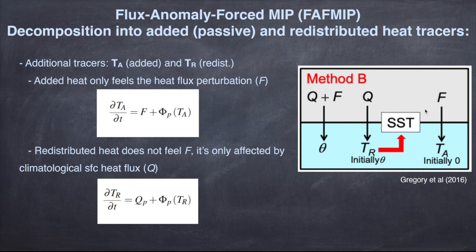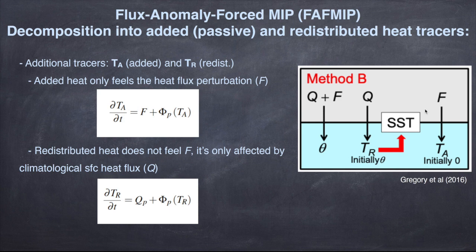while all of the change in added heat will be just because you are applying this heat flux perturbation at the surface, while the redistributed heat will not feel the heat flux perturbation, but only feels the climatological surface heat flux. So it will evolve and transport the heat reservoir just because of the change in the ocean circulation and diffusion.